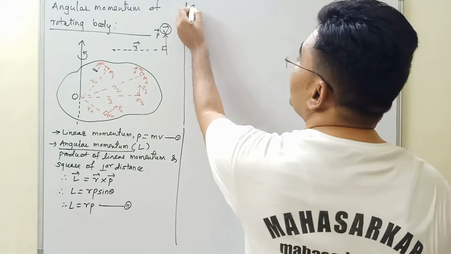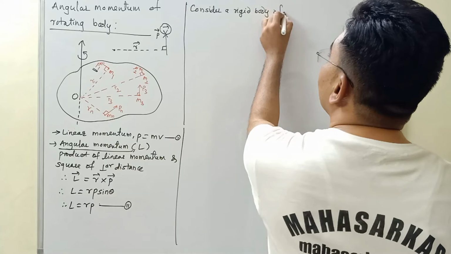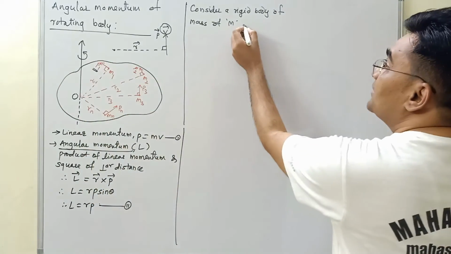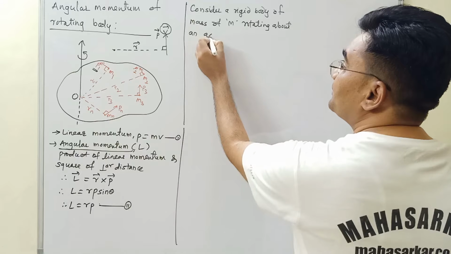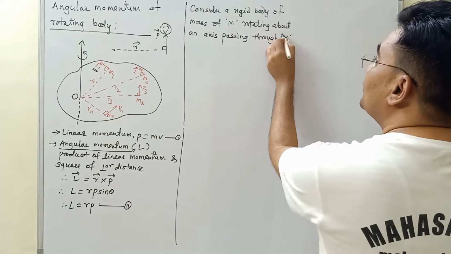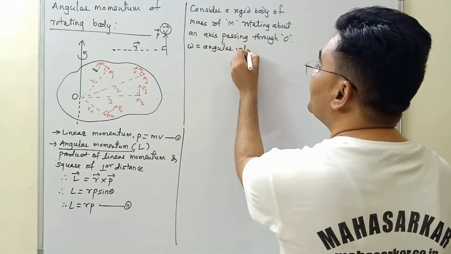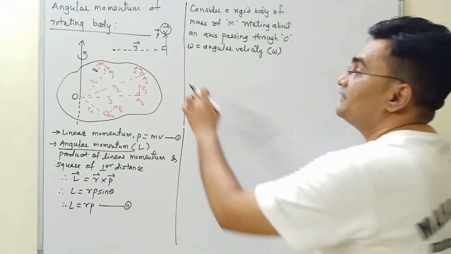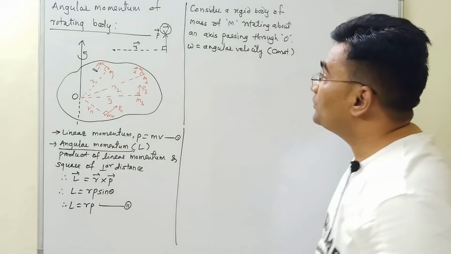To derive that, we consider a rigid body of mass capital M rotating about an axis passing through point O. Let omega be the angular velocity of that body, and we know that during rotational motion, if no external forces are acting, the angular velocity omega will remain constant.